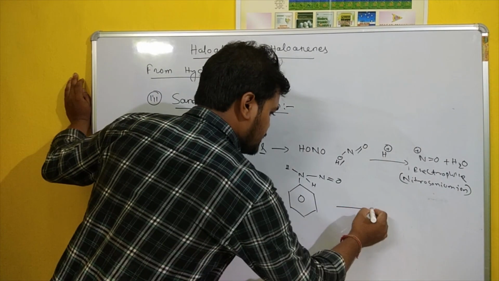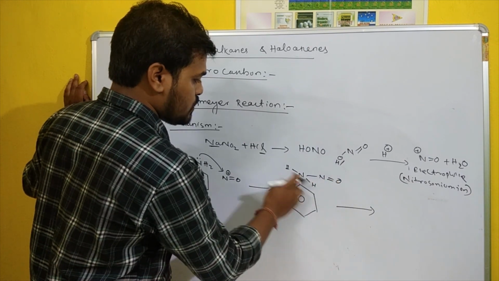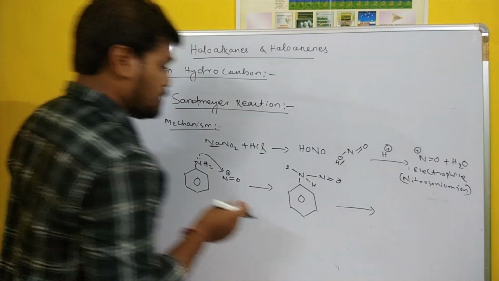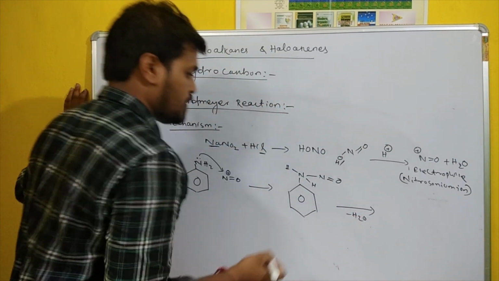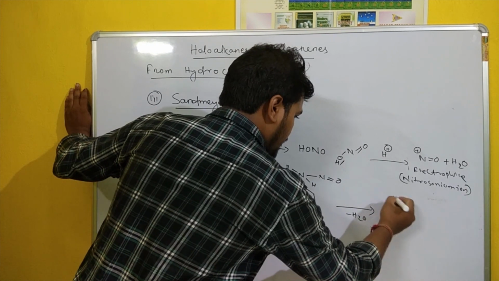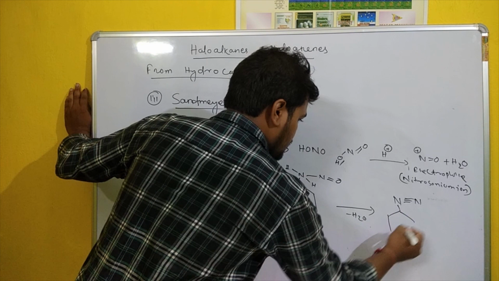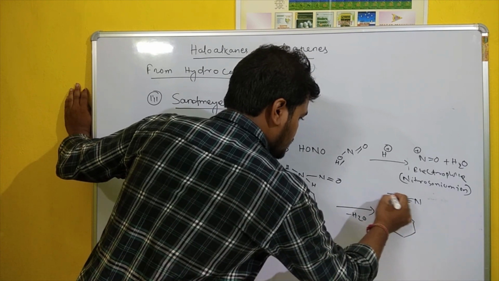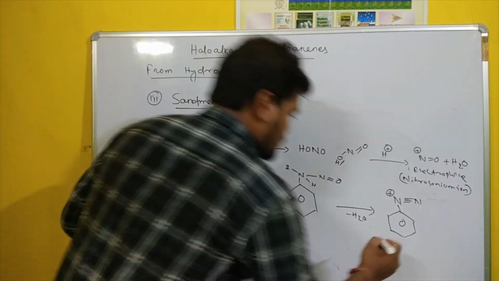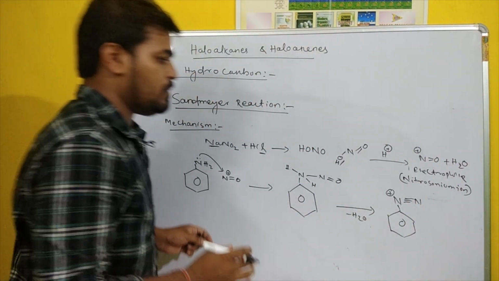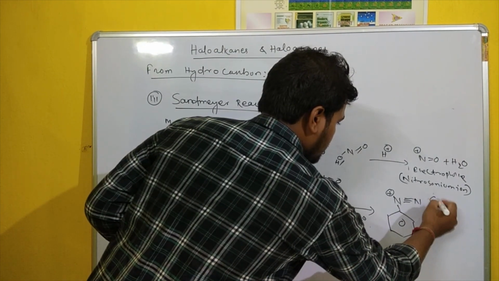In this intermediate, that OH, the oxygen, and this H make a water molecule, and N triple bond N is formed, and this compound is the diazonium ion, and that positive ion is neutralized by one Cl minus ion.